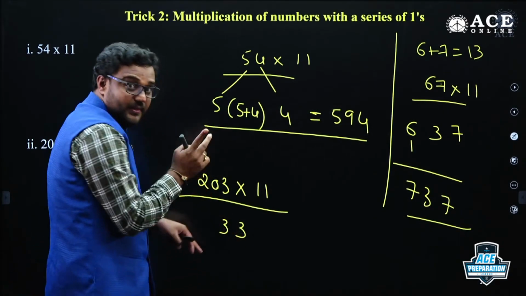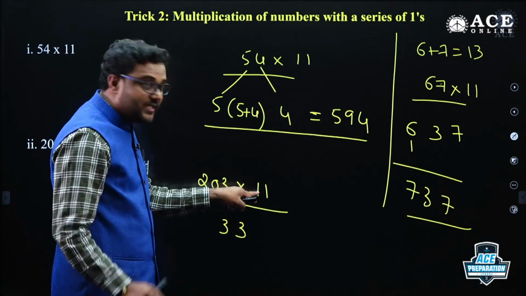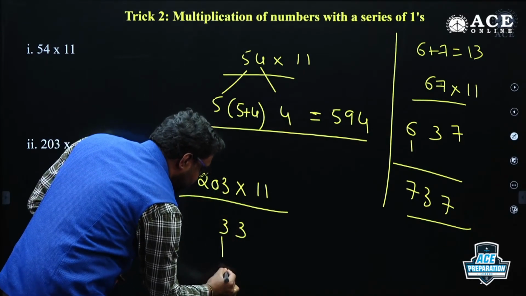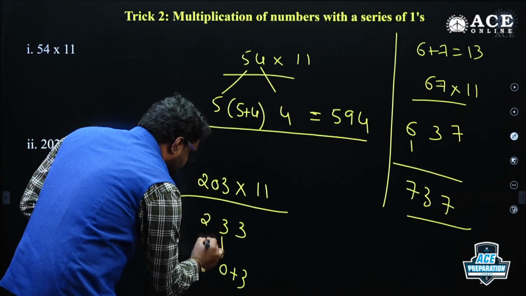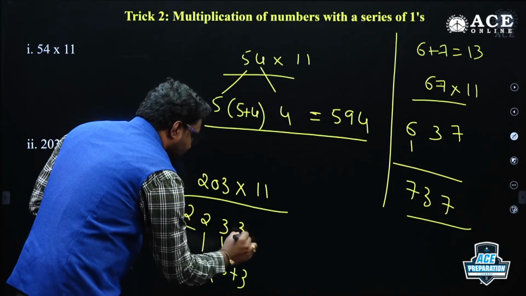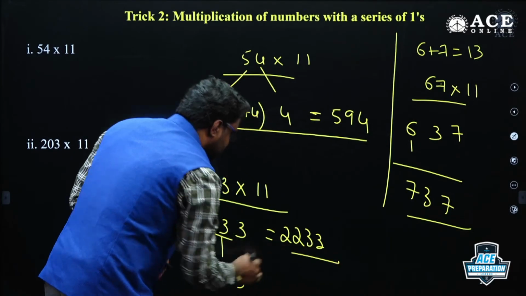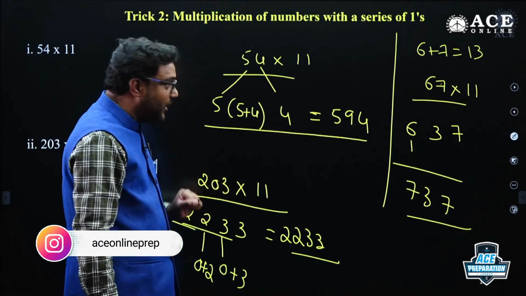It cannot take all 3 digits at a time. As it is 11, it can hold 2 numbers only at a time. Next, 0 plus 2. Then finally this is 2. So we got 2233.